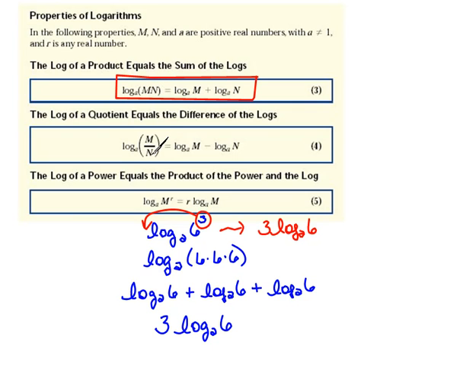If logs are put together with division, we can separate them out with subtraction, or vice versa. If logs are separated with subtraction, we can put them back together with division. And then a shortcut is that if we have an exponent, we can take and drop that right down in front of the log and make it a product rather than a power.